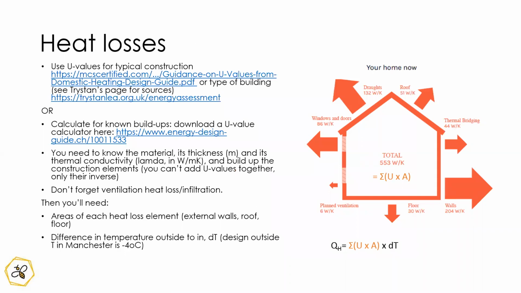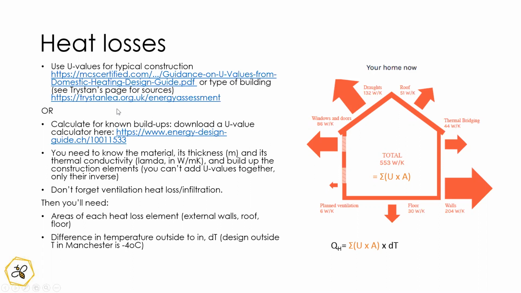So how do we size the system? Well, first you'd have to look at your heat losses. Now, if you were to do a whole house assessment with the Carbon Co-op, they would assess your current house, and you might have seen a diagram like this.